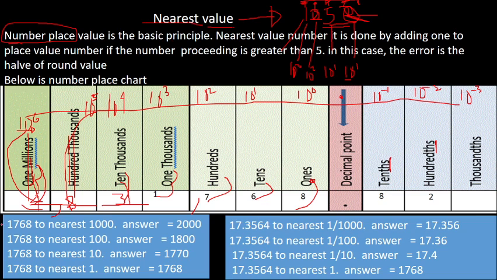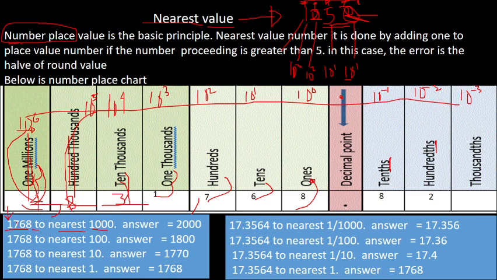So we have given us this number here, 1,768 to nearest 1,000. Now, to nearest 1,000, you are going to look at the number that fall under base of 1,000. Are you getting me now? That is where you are going to stop. Let us see which one fall under 1,000. Yes, it is 1 here that fall under 1,000.